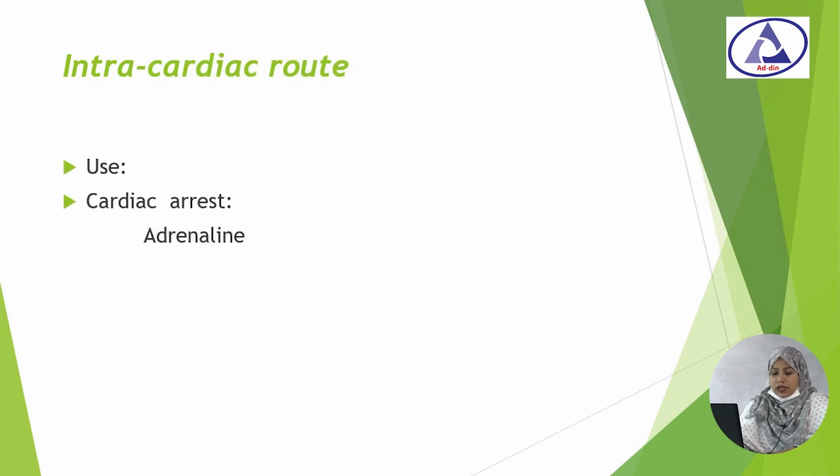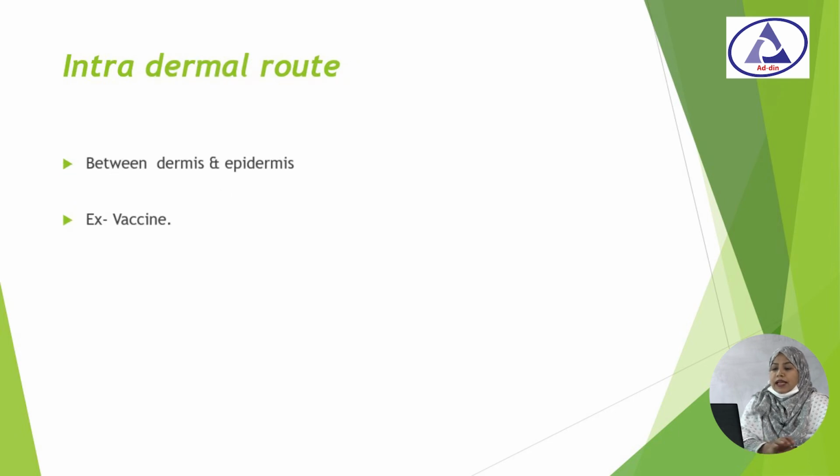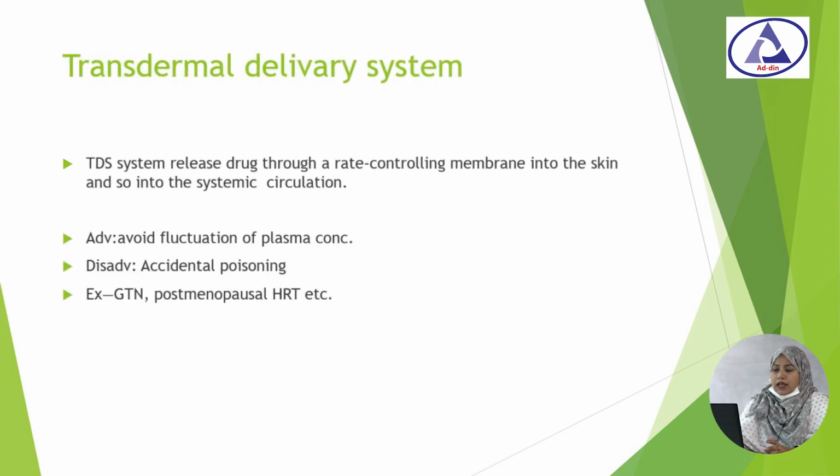Now, the intracardiac route, like in case of cardiac arrest, adrenaline is given by the intracardiac route. And the intradermal route, some vaccines are given by this route, between the dermis and epidermis.